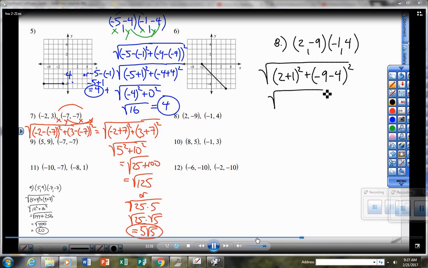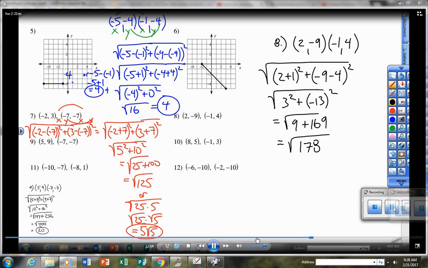That gives me 3 squared plus negative 13 squared, which gives me 9 plus 169, which gives me the square root of 178, and I believe that cannot be simplified.